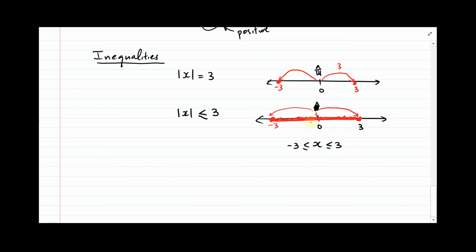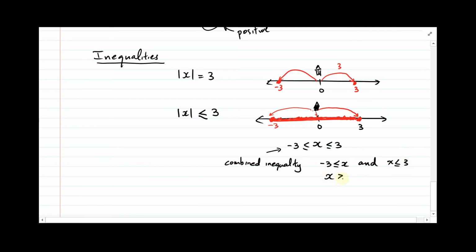So in here, remember that this is a combined inequality. It really is an and statement. It is a statement -3 is less than or equal to x, and x is less than or equal to 3.